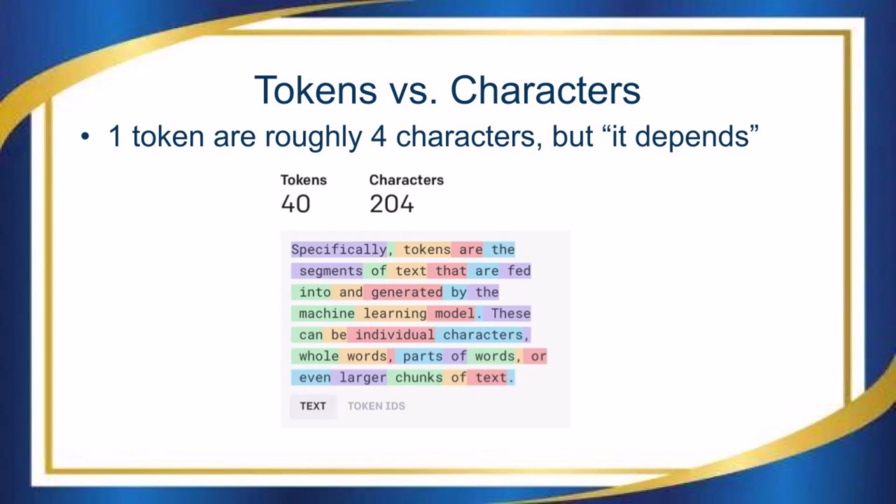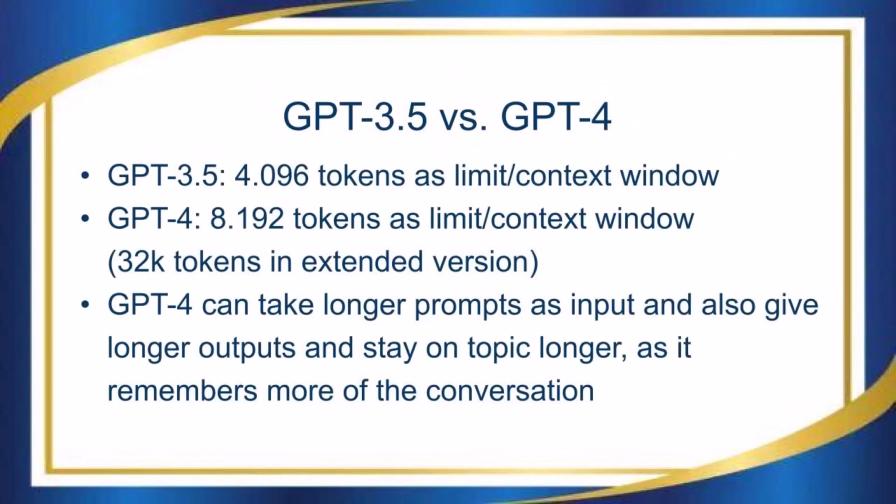So, what do you need to know? GPT 3.5 and GPT 4 have different token limits and context windows. GPT 3.5, which you have access to as a ChatGPT 3 user, has 4,096 tokens as a token limit or context window. GPT 4 has double that, which is 8,192.